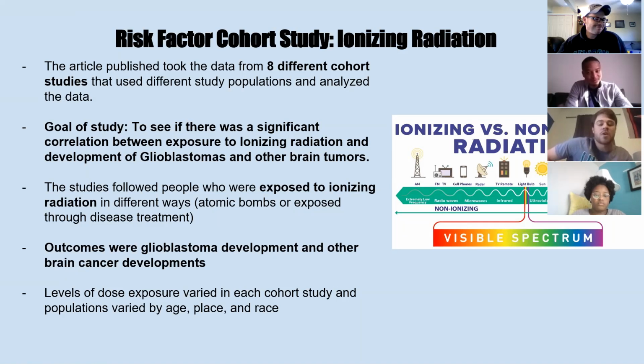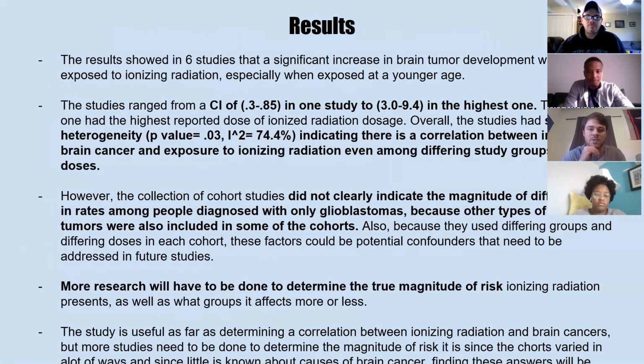Again, the outcomes were the development of glioblastoma and other types of brain cancers. And since it was 8 different cohort studies, the populations, the age, the place, the race, and also the dose at which they were exposed differed. So moving on to the next slide, I'll show the results.